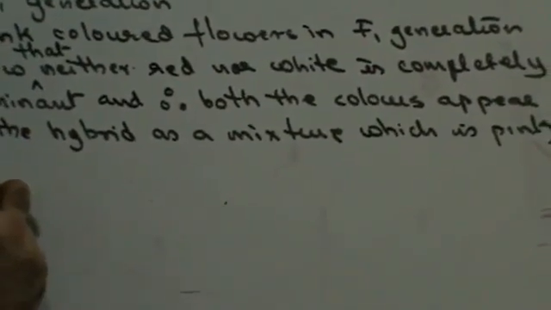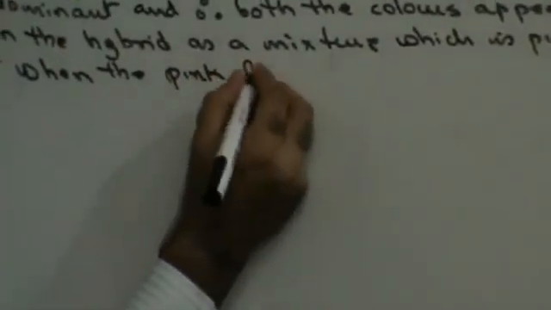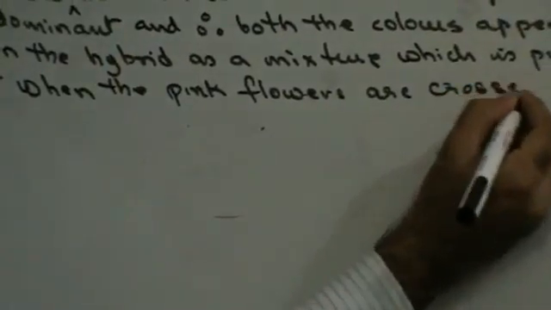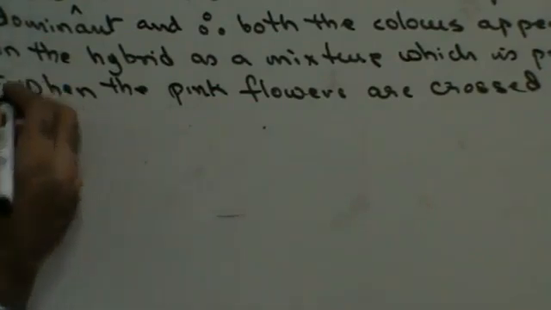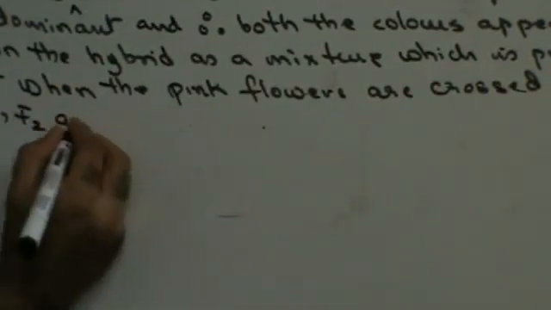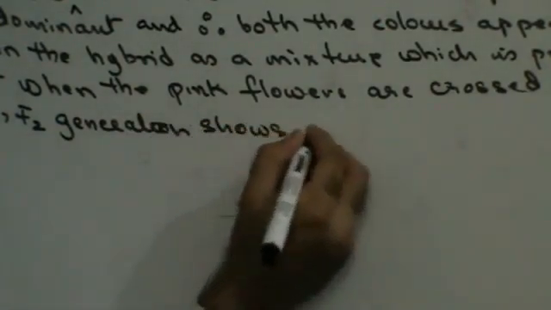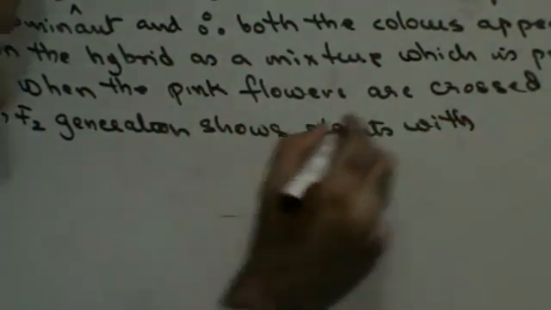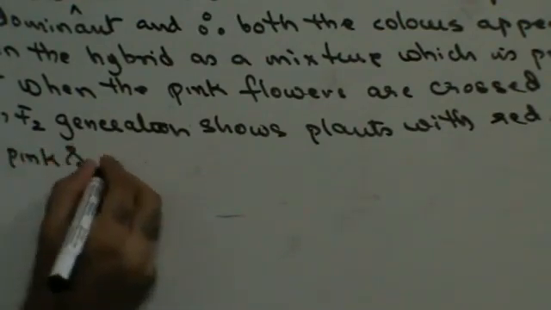Now, if the pink flowers are crossed, the F2 generation shows plants with red, pink and white flowers.